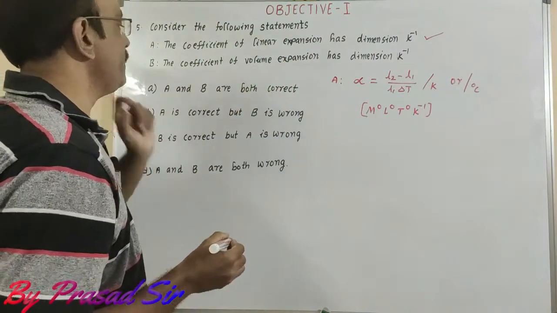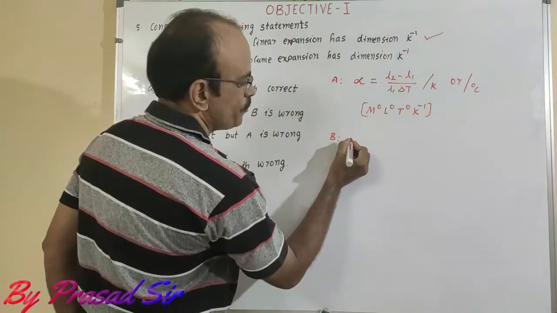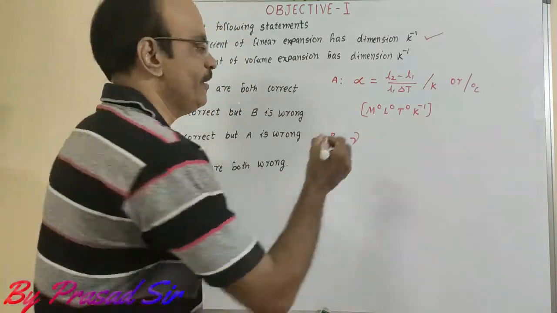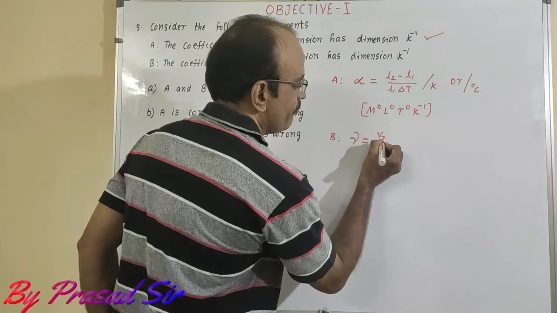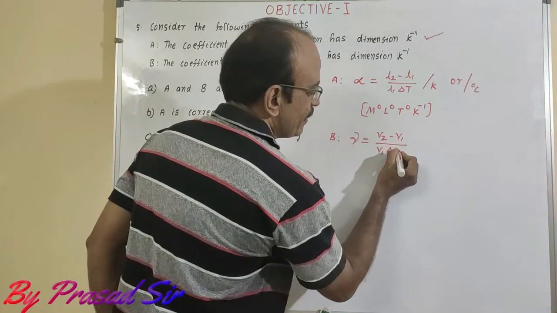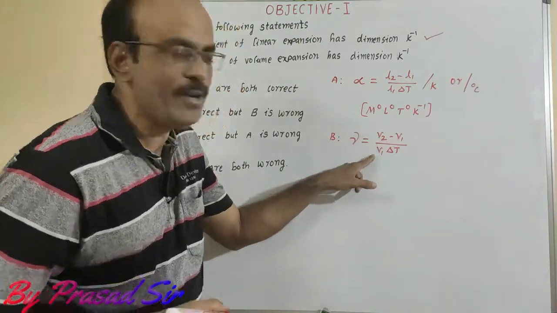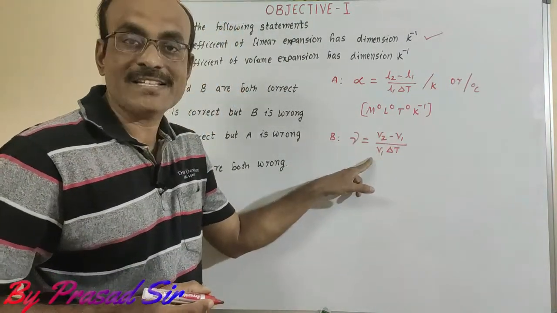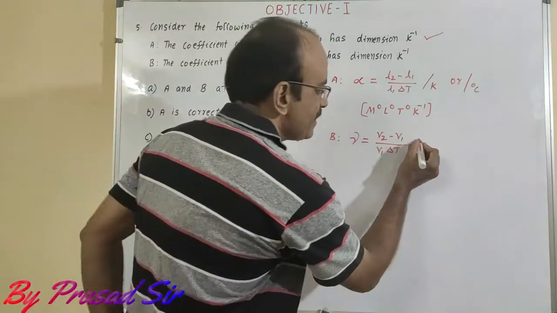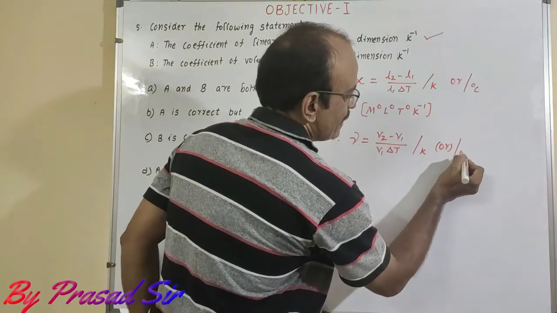Now I will take B. The coefficient of volume expansion, represented by gamma, is equal to (V2 minus V1) divided by V1 into delta T. This is the change in volume by the original volume, so the units get cancelled. Here temperature remains. The units for the coefficient of volume expansion are also per degree Kelvin or per degree centigrade.